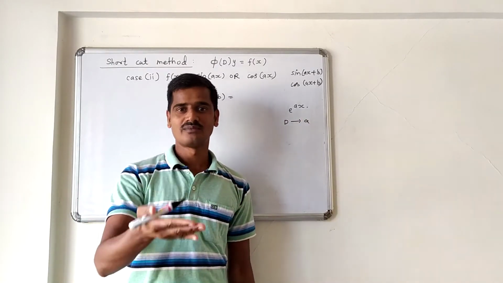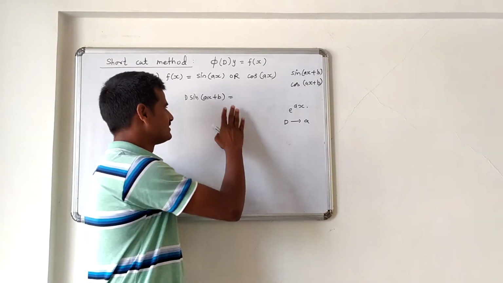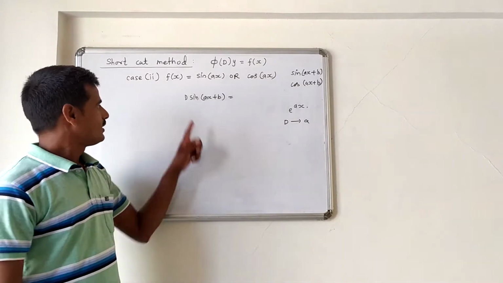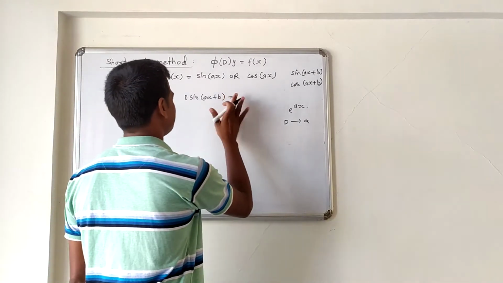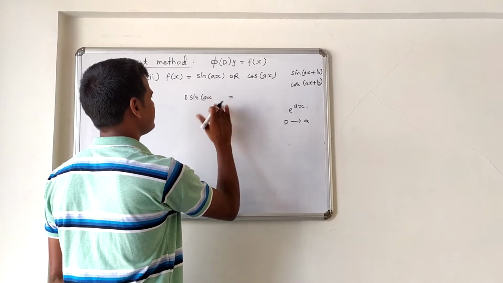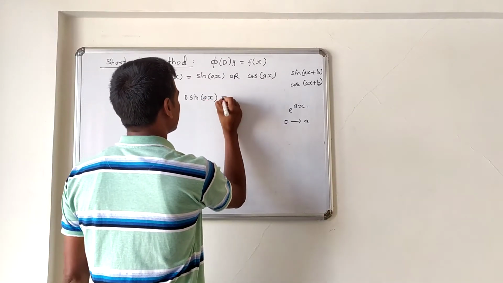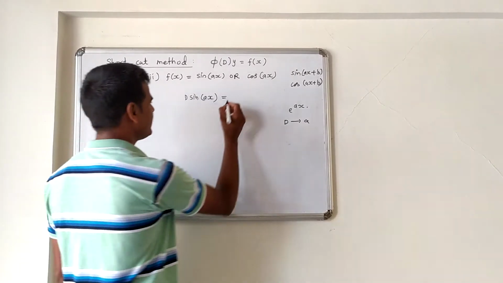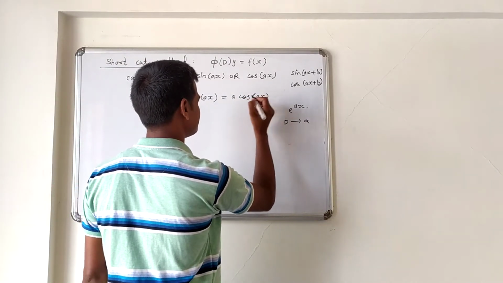So when you take 2 times differentiation, we have to multiply by a 2 times. Now in this case, let us see what will happen. What is the derivative of sine of ax? It is a cos of ax.